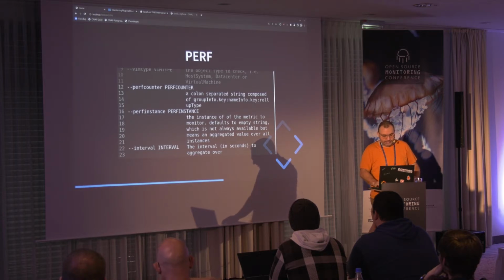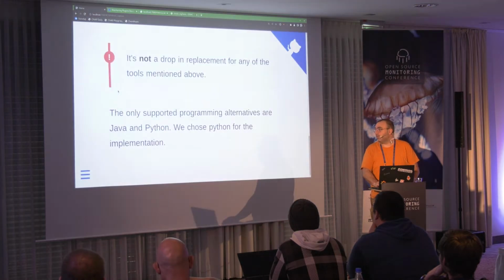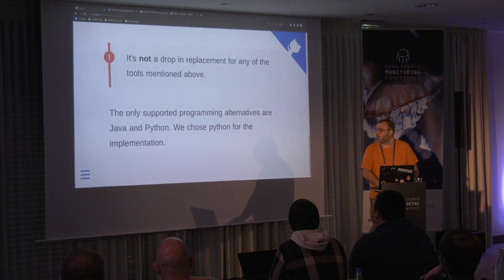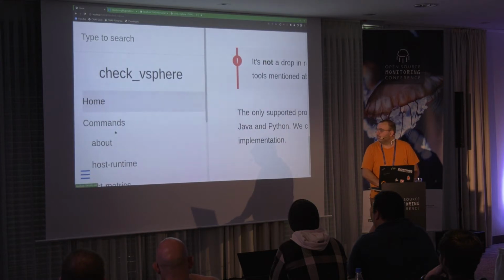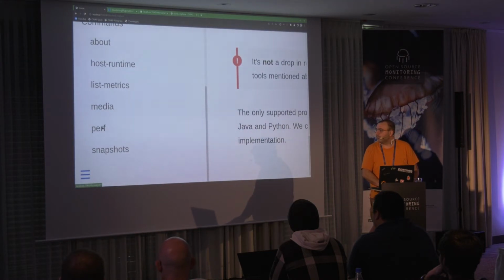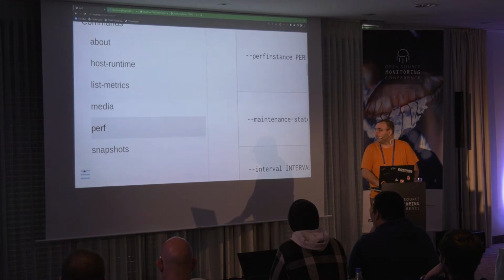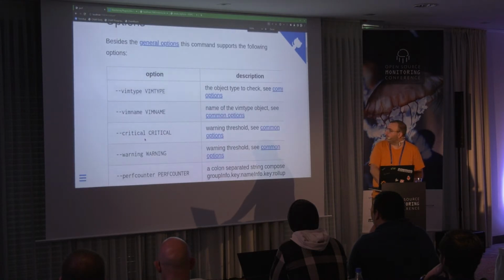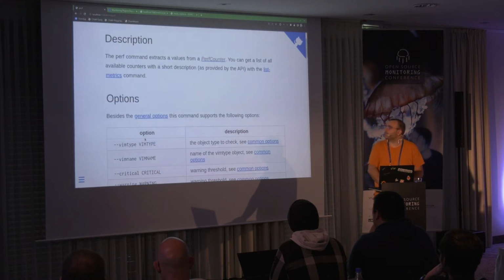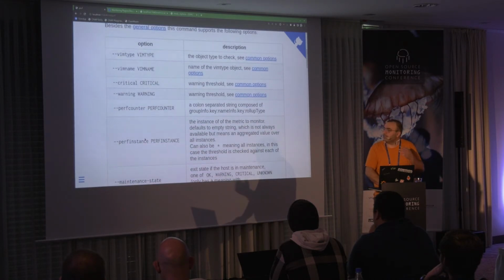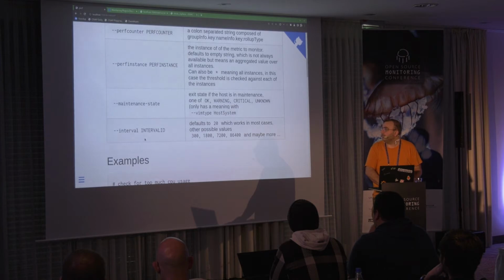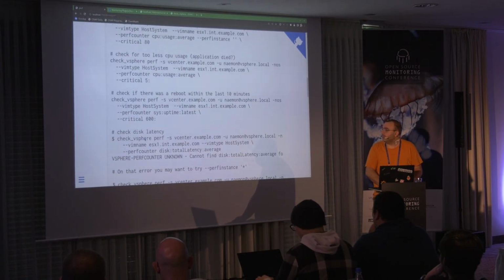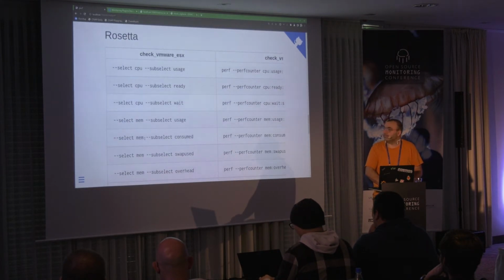And I have also here in the documentation, this is the documentation, by the way. So there's this perf command here. I have to make this smaller, right? So there you have some explanation and some examples, and down there is the Rosetta table.